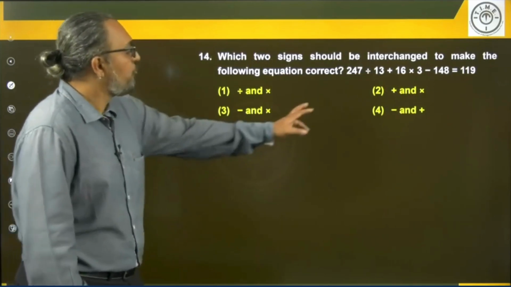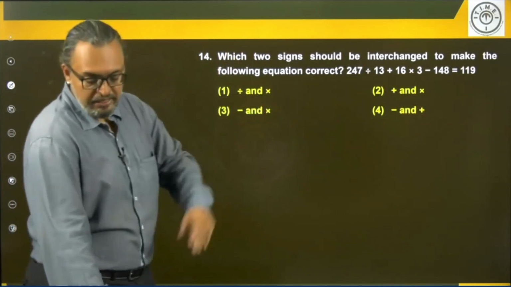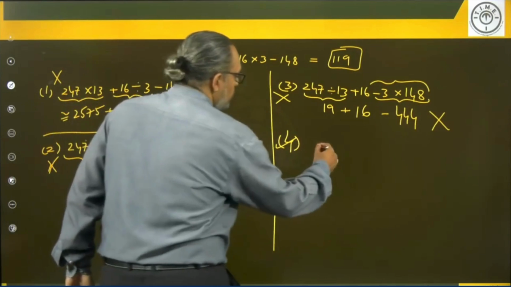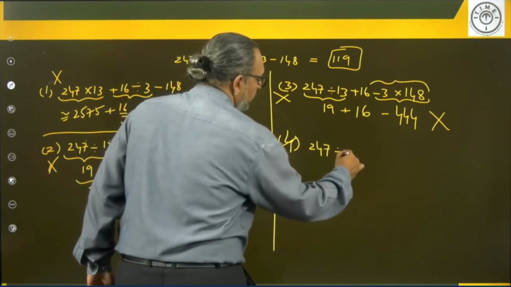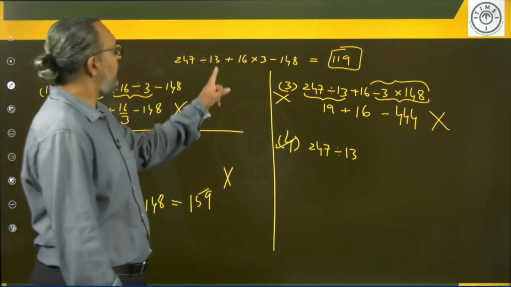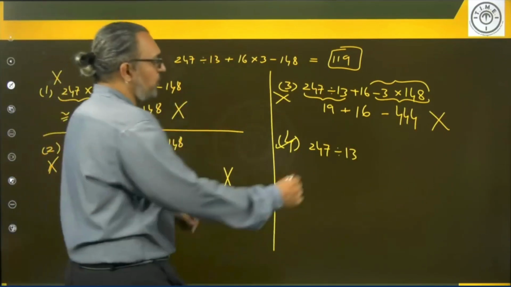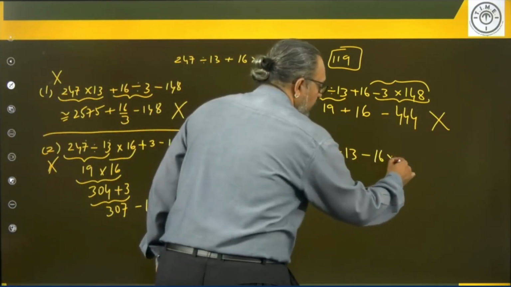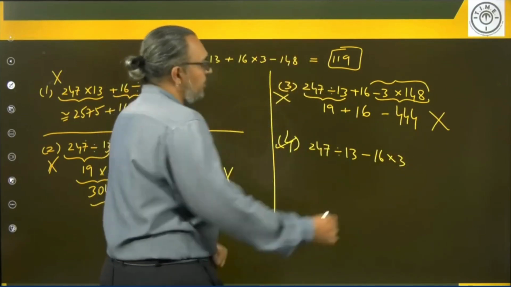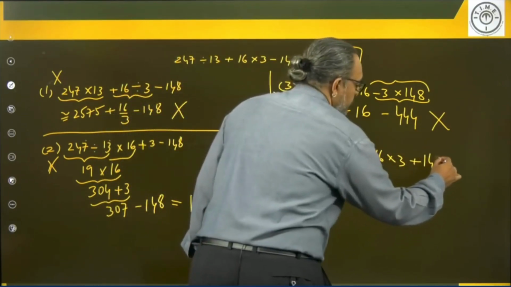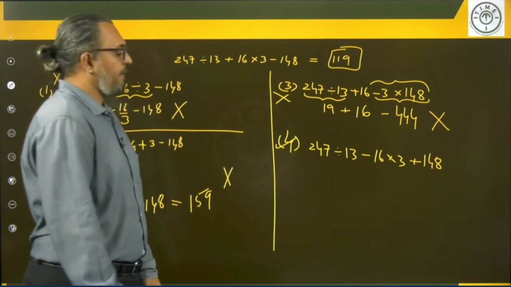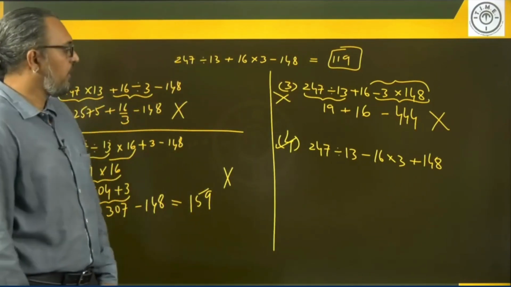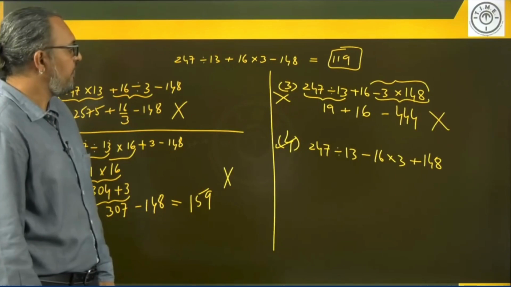Okay. So, fourth option is negative and positive to be exchanged. So, now 247 divided by 13, negative and positive to be exchanged. So, you get minus 16 into 3 and then plus 148. Right.